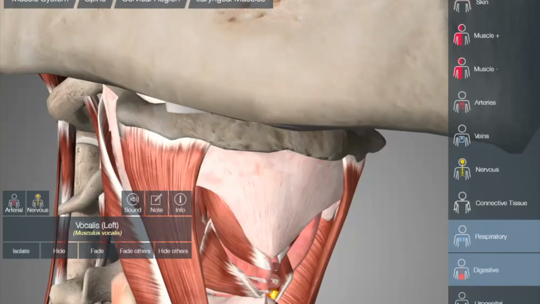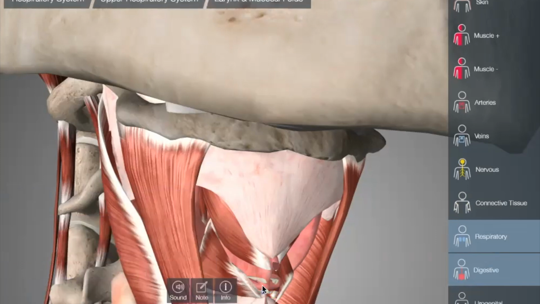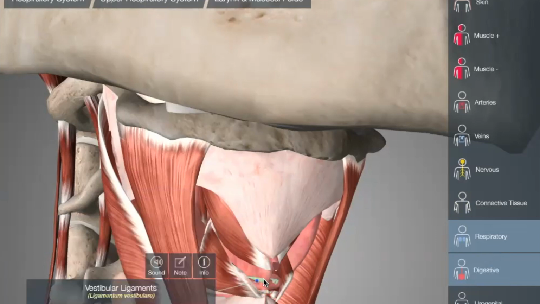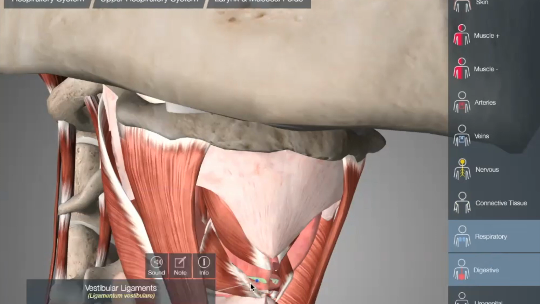On the other hand, you have the vestibular folds. So you have vocal ligaments and vestibular ligaments. The vestibular folds are the false vocal cords. These ones are the true vocal cords, and these ones are the false vocal cords.